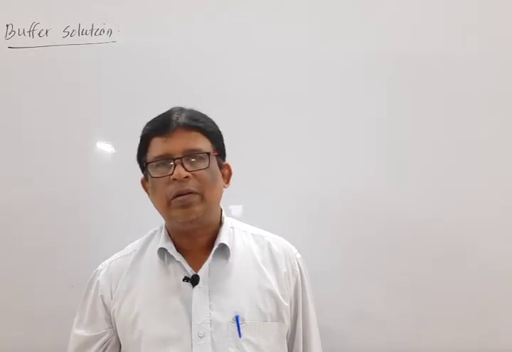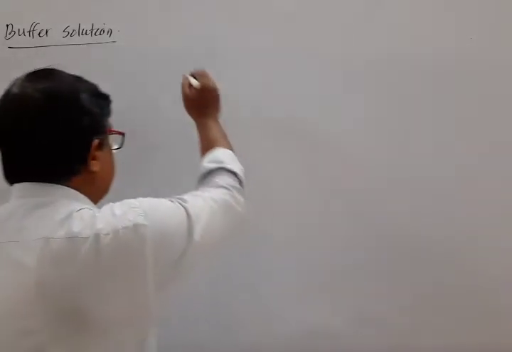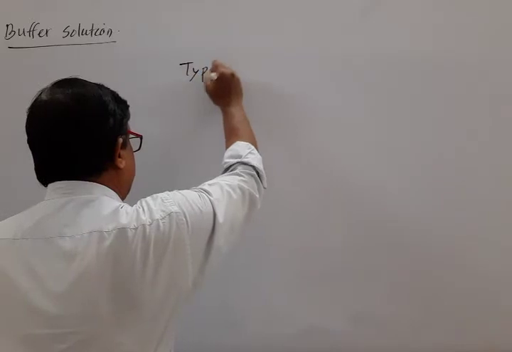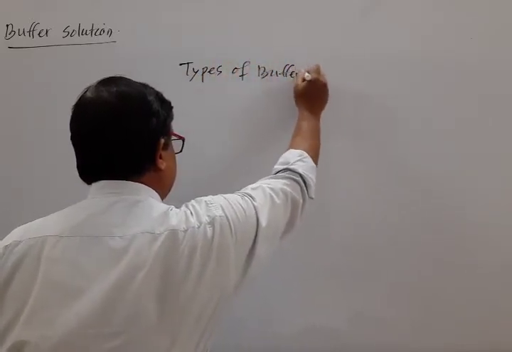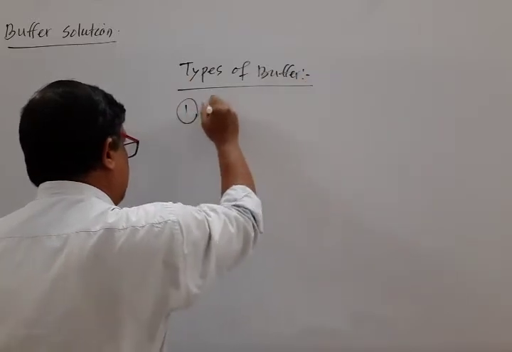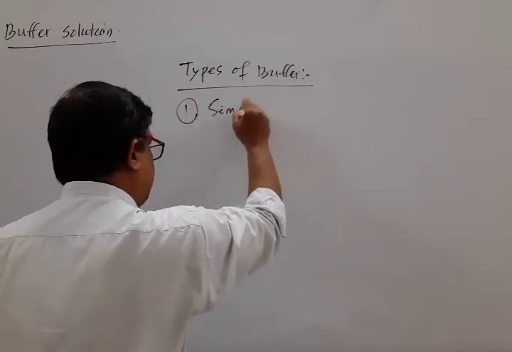Next, types of buffer. Buffers are of two types. One is a simple buffer. First one is the definition, then types of buffer. It is of two types. One is a simple buffer.